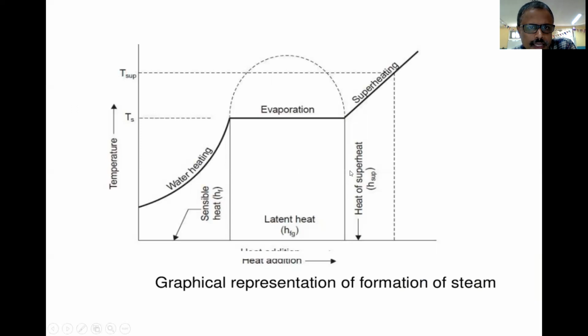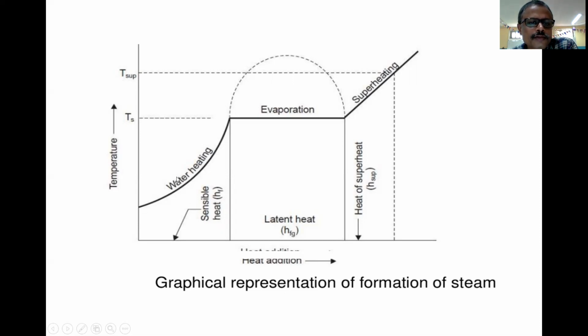You can increase the pressure. The only difference between the previous diagram and this diagram is you are taking water at room temperature. You cannot have water at 0 degree centigrade all the time. The feed water temperature most of the times in a boiler is room temperature. So this particular diagram is showing the water at its room temperature.